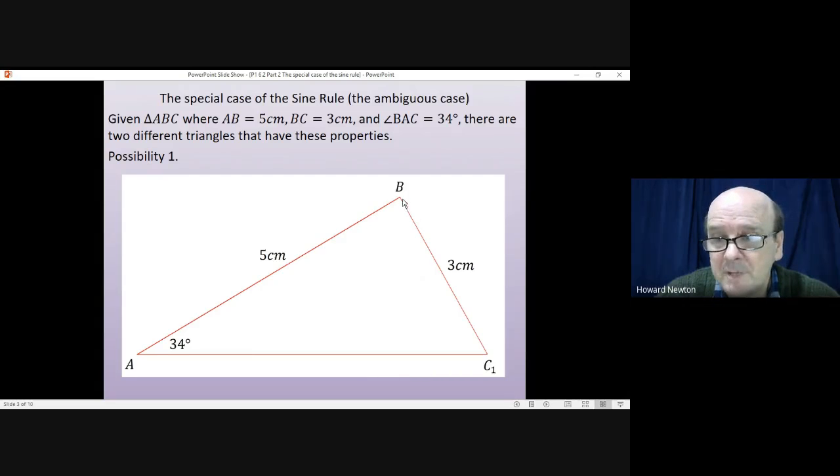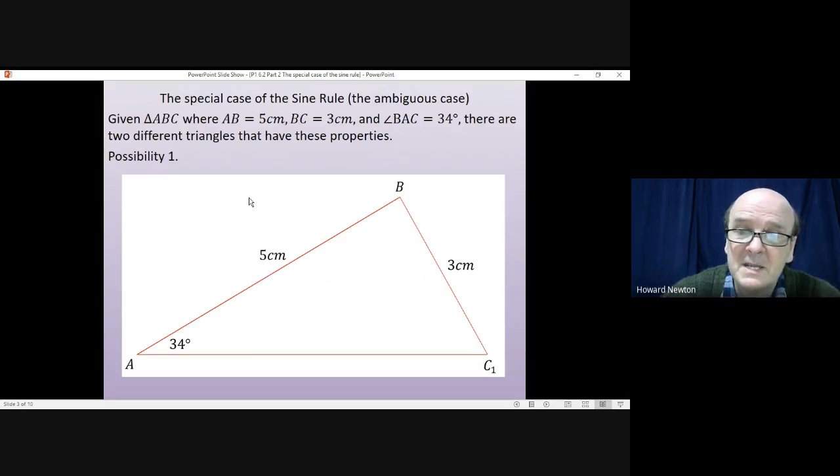If you imagine drawing BC last of all and doing a standard construction using a compass, and you put the point of the compass on B, set it to 3 centimeters in length, then you'd be doing a sketch around here, drawing an arc. That arc would go around and then come back again and cross the side a second time.